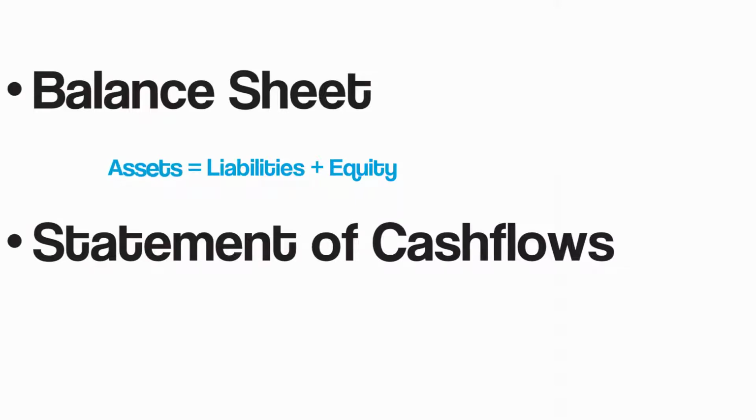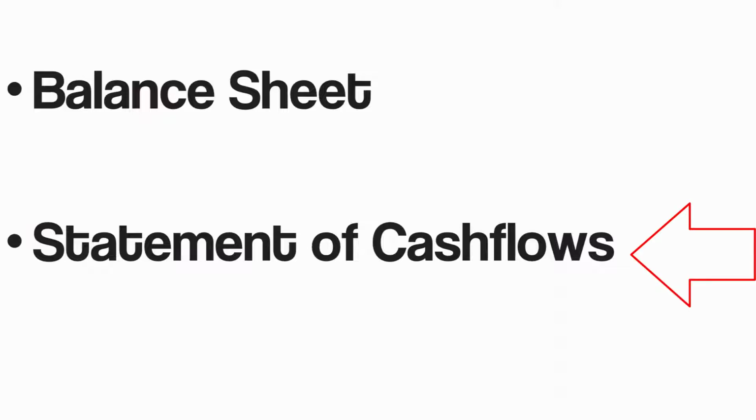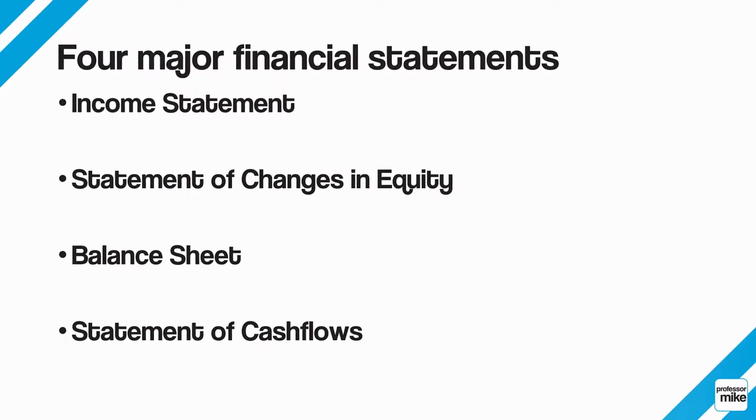Isn't that funny? Sounds a lot like the accounting equation. And the statement of cash flows reports the sources and the uses of cash for a period of time. So, income statement, statement of changes in equity, and statement of cash flows are all for a period of time, and the balance sheet happens at a point in time.